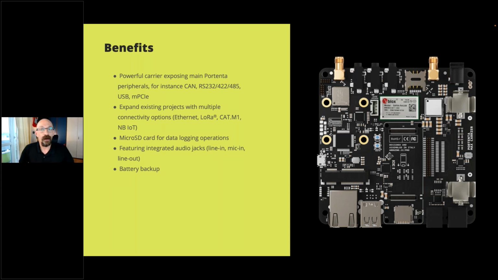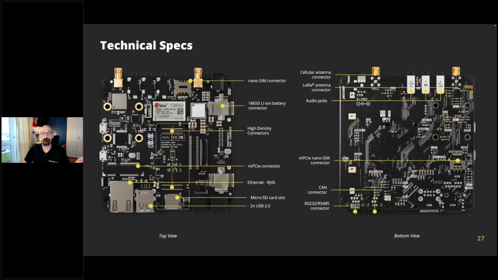You can expand your project, adding multiple connectivity options, Ethernet, LoRa, Cat M1, narrowband IoT that are on the board. So it has micro SD and features integrated audio jacks and battery backup.